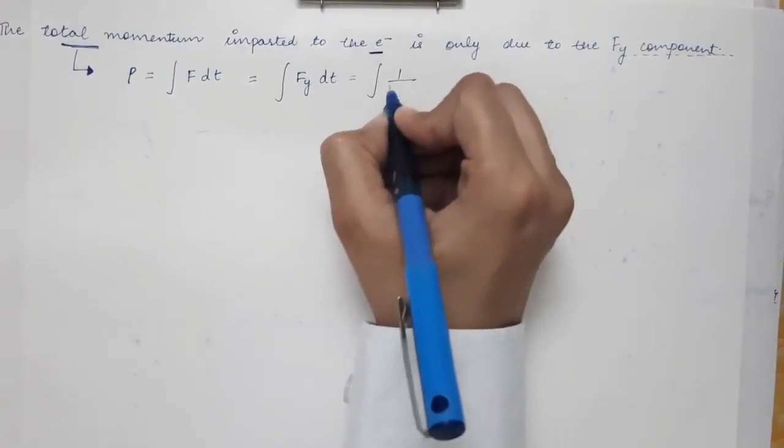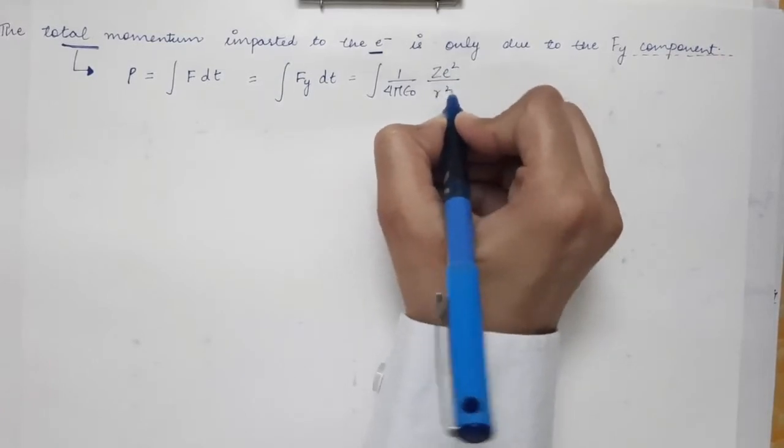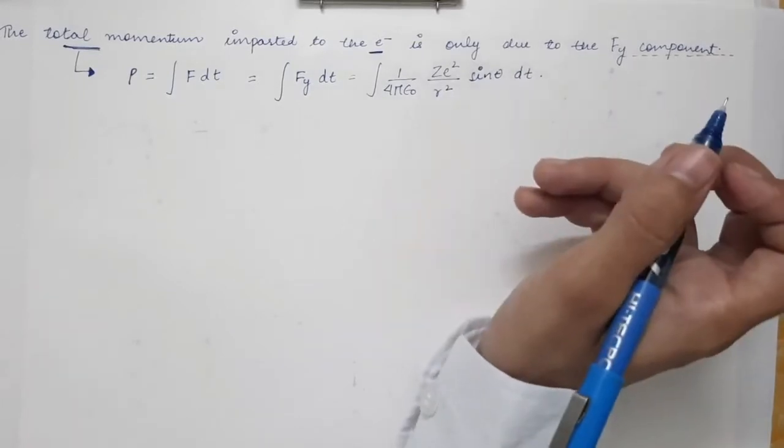So this will be equal to 1 by 4 pi epsilon naught z e square by r square into sine of theta into dt.